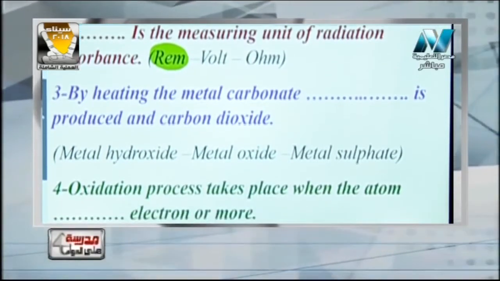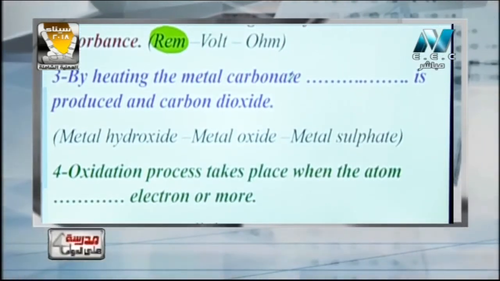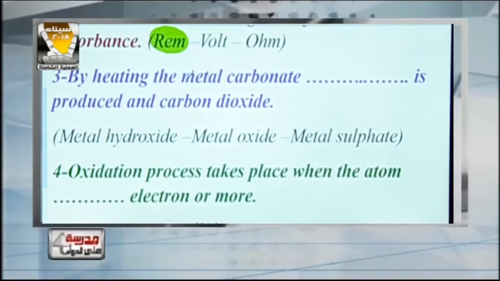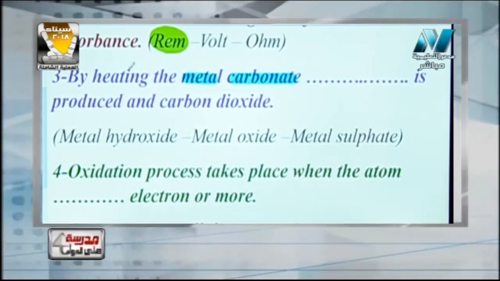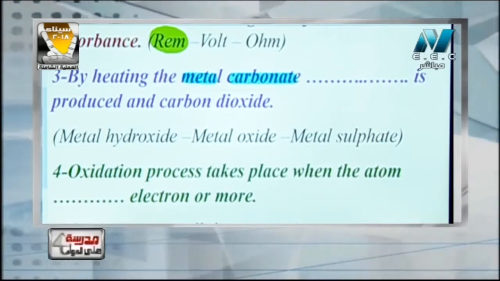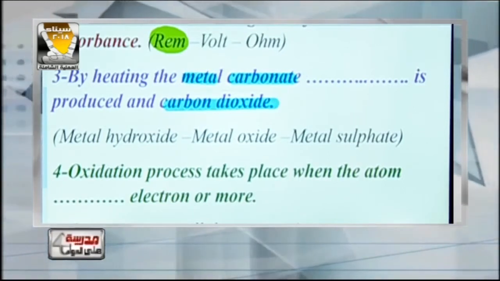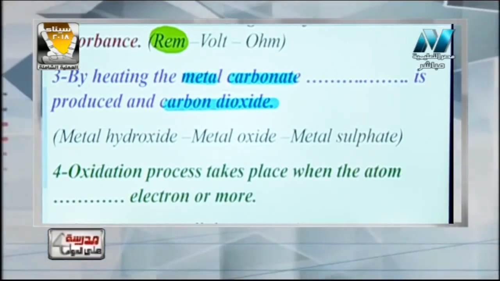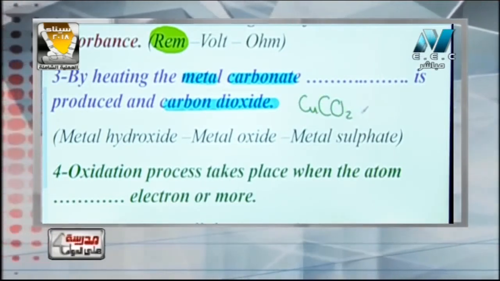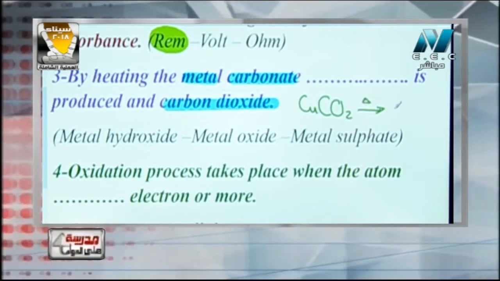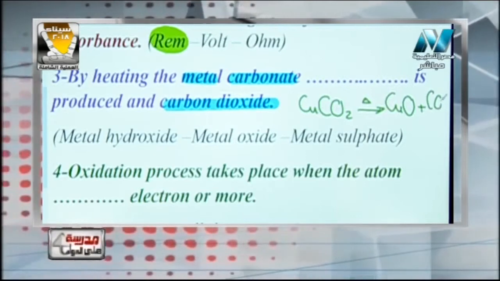The third question says: by heating the metal carbonate, what is produced with carbon dioxide? Metal carbonate like what? Copper carbonate, right? It will decompose by heating into CuO, copper oxide, and CO2, carbon dioxide.